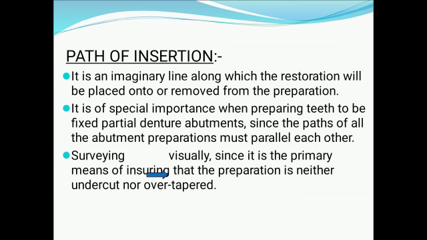Path of insertion: it is an imaginary line along which the restoration will be placed and removed from the preparation. It is of special importance when preparing fixed partial denture abutments, since the paths of all the abutments prepared should be parallel to each other.